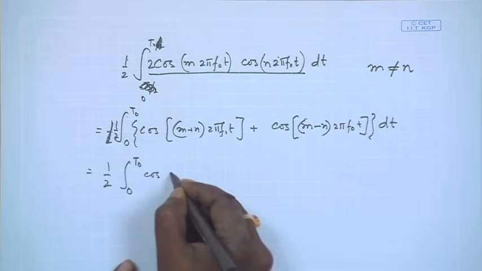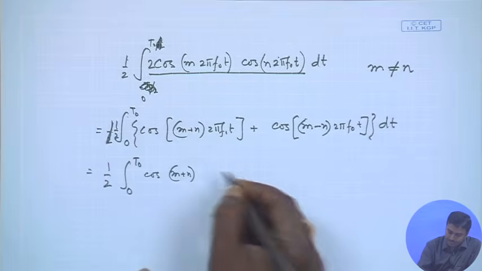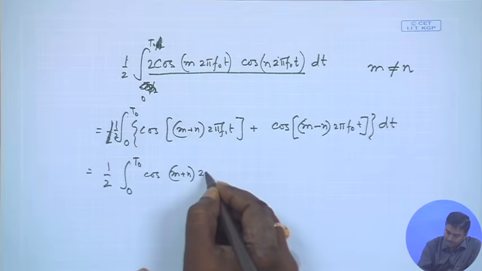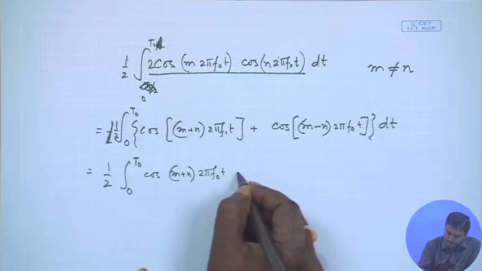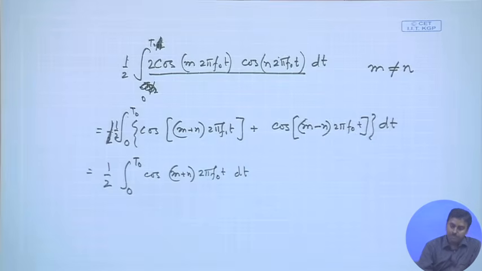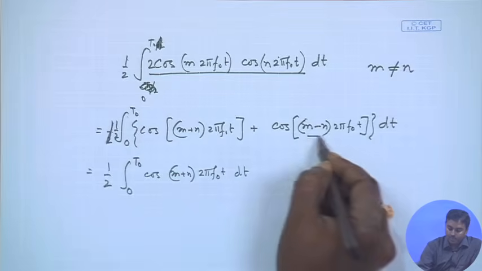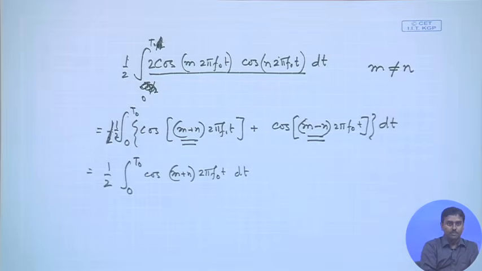Okay. So, if m is not equal to n, then both these numbers are non-zero.